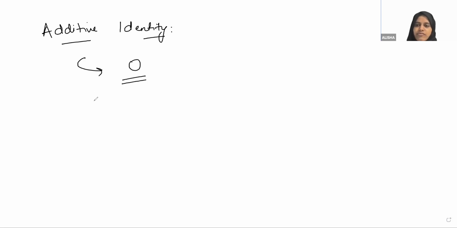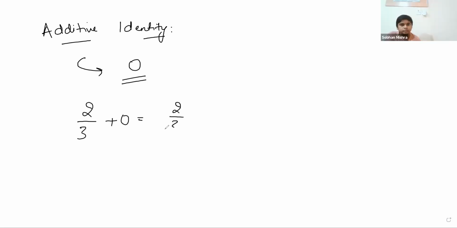Why 0? Because if I add 0 with any number, the answer would be the number itself. For example, if I take 5 by 2 and I add 0, what would be the outcome? 5 by 2.